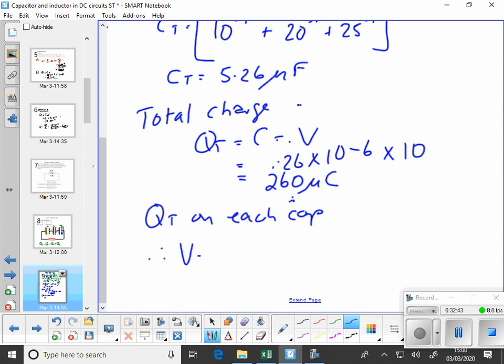Therefore, VC1 is QT over C1, that is 52.6 times 10 to the minus 6 over C1, 10 times 10 to the minus 6, 5.26 volts.